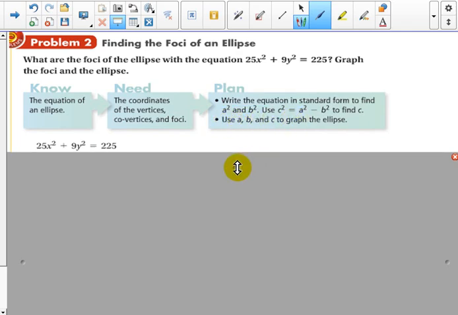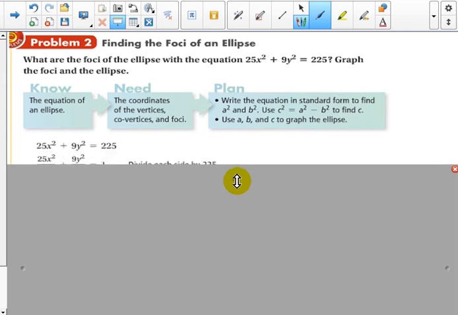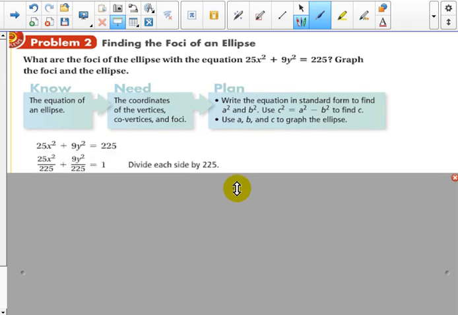So start with our equation 25x squared plus 9y squared equals 225. Now we want to divide everything by 225 so we can get that equal to 1 over there. So we're getting closer to our equation for an ellipse.